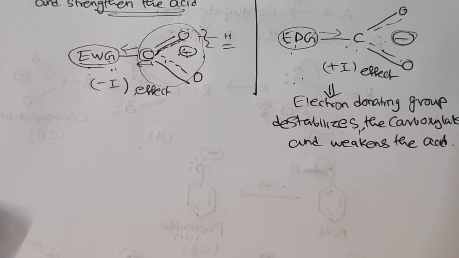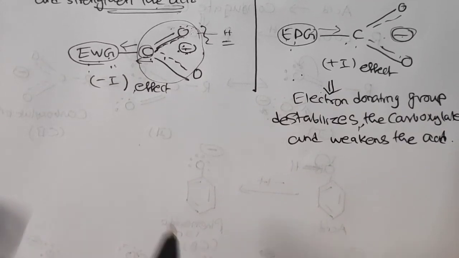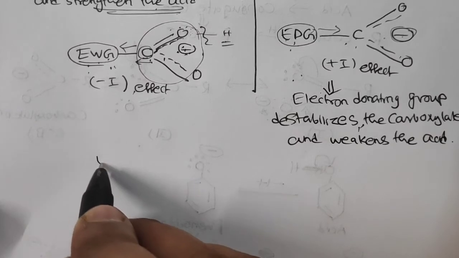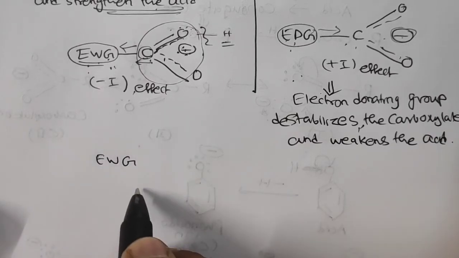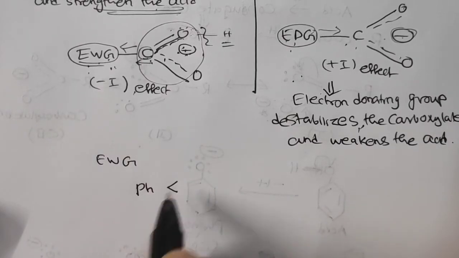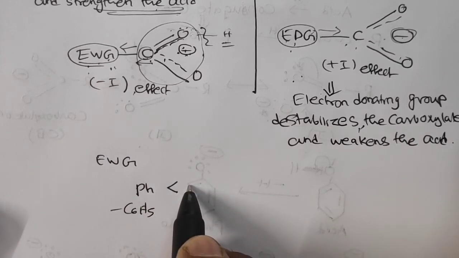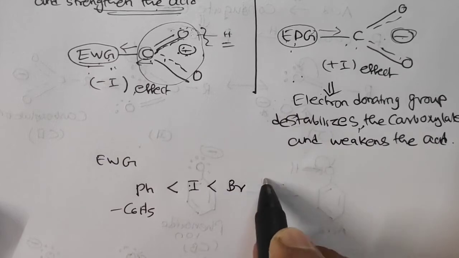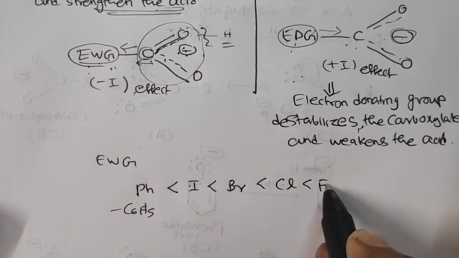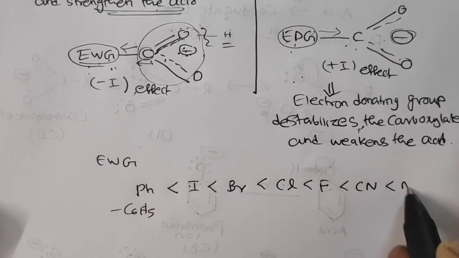They have given the order of these electron withdrawing groups. First, phenyl is given, that is C6H5. Then iodine is given, then Br, then Cl, then F, then CN, and then nitro.